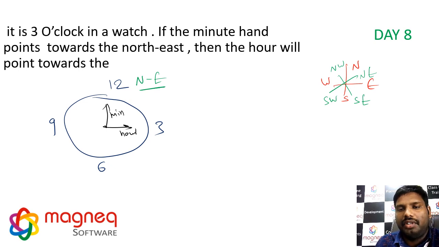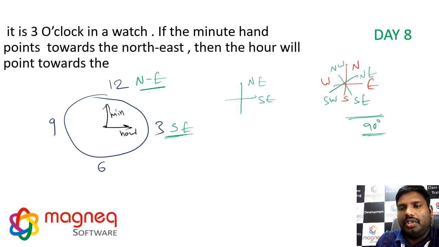So we have to find out the hour hand. Northeast and southeast are 90 degrees. From the diagram also, the minute hand and hour hand are 90 degrees apart. Means this is southeast. So northeast, southeast, southwest, and northwest.